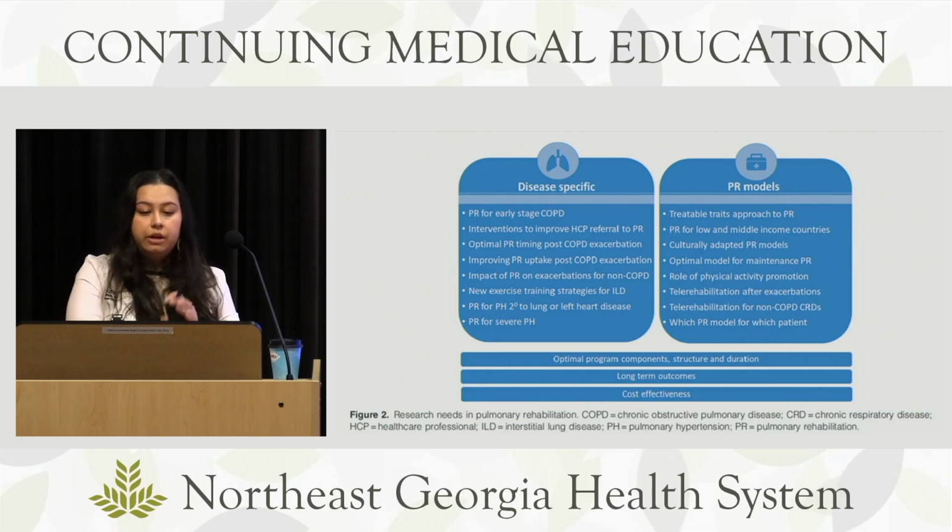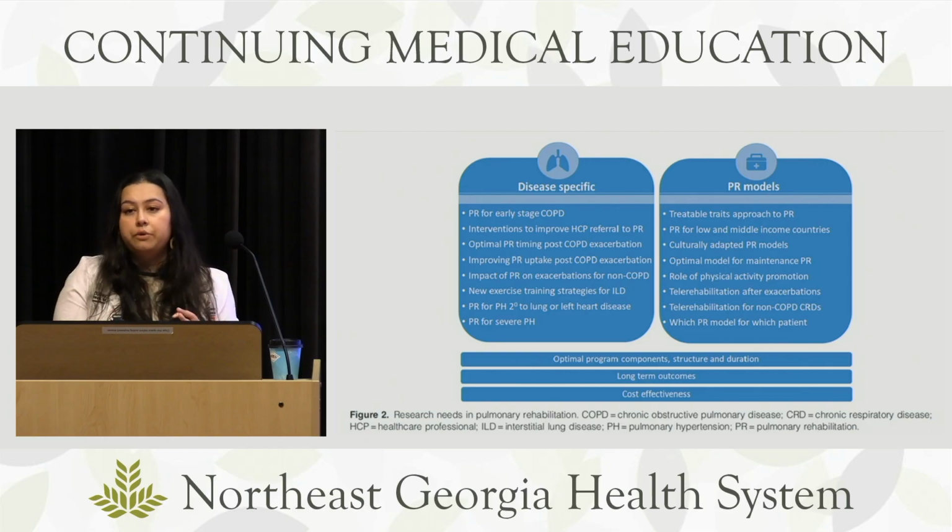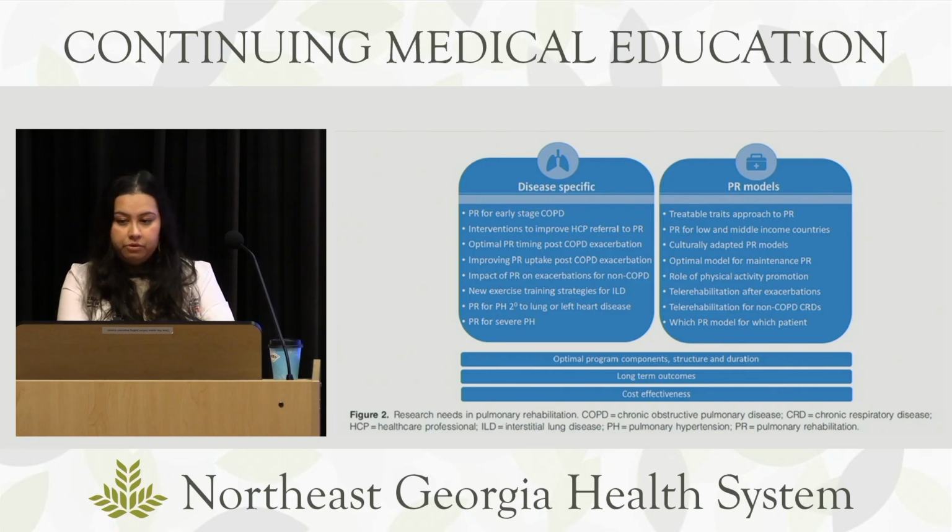You want to figure out which disease-specific pulmonary rehab things you want to consider, such as early stage versus late stage COPD, the timing, when to start it, when to end it, and what models, what regimen to put patients on. And again, health outcomes versus cost, all of those things still need further review.